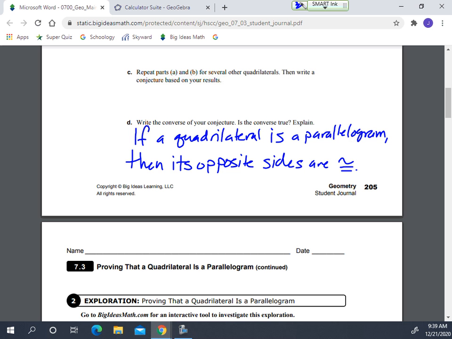Okay? If a quadrilateral is a parallelogram, then its opposite sides are congruent.